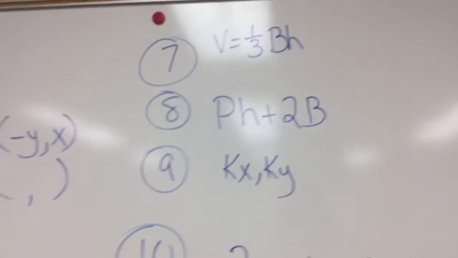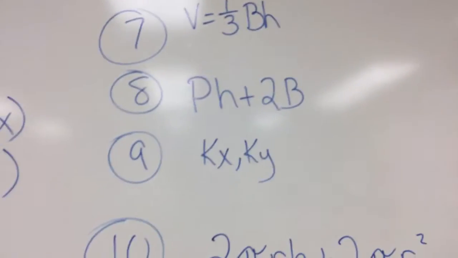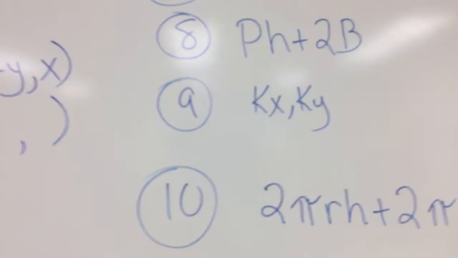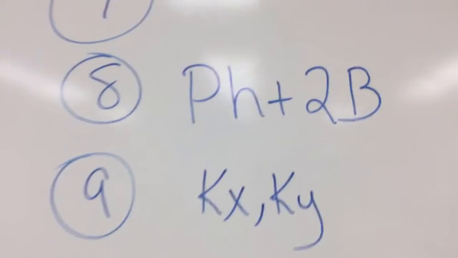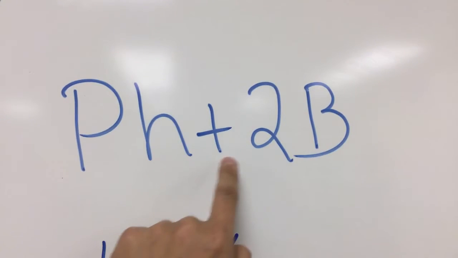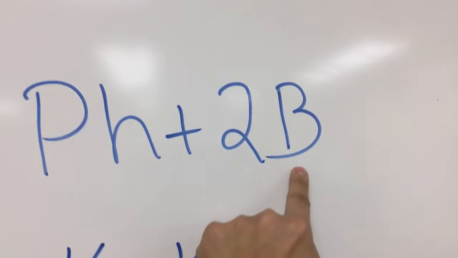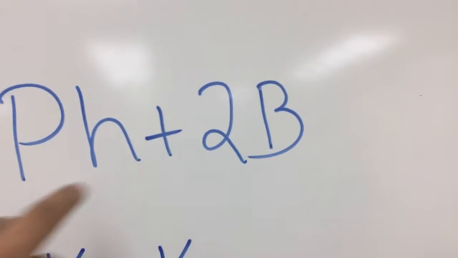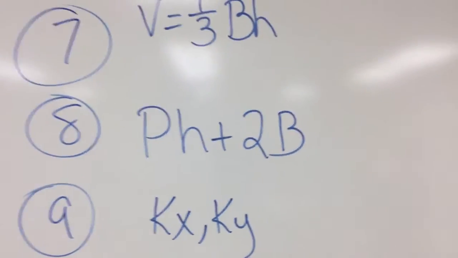All right. Number 8, surface area of the rectangular prism. So remember our formula, perimeter of the base times the height plus 2 times the area of the base. All right, that's what we got on number 8.